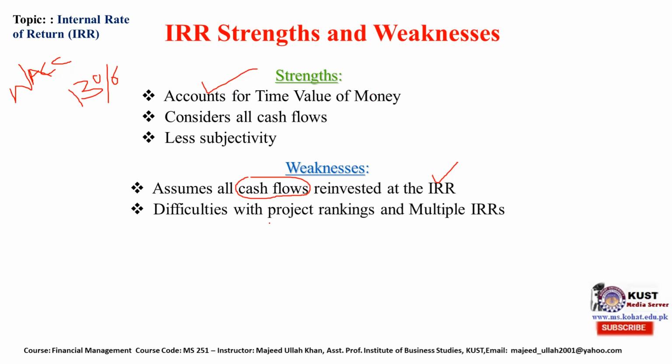In ranking projects, we face difficulties with IRR, which we will discuss in a later lecture. If the cash flow pattern changes, we will get multiple IRRs. With multiple IRRs, we will face problems in the decision making process. This is all about today's lecture. Thank you.